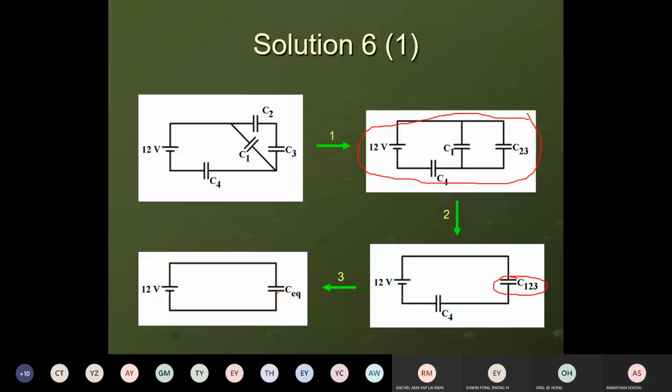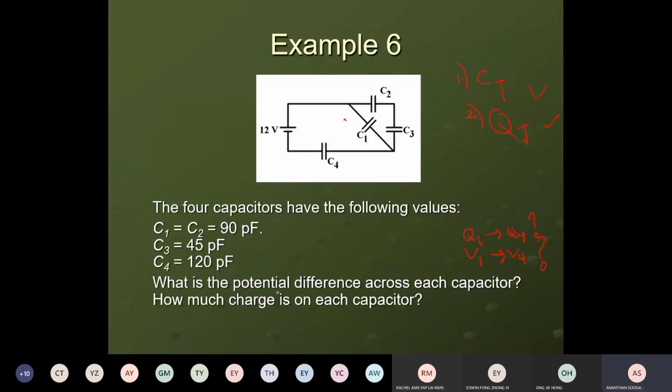Okay, go back. So what is the total capacitance? Anyone? 3 significant figures here. So first C2 and C3 are to be combined. C2 and C3 are 90 and 45. How do you combine C2 and C3? 1 over C total is 1 over C2 plus 1 over C3.